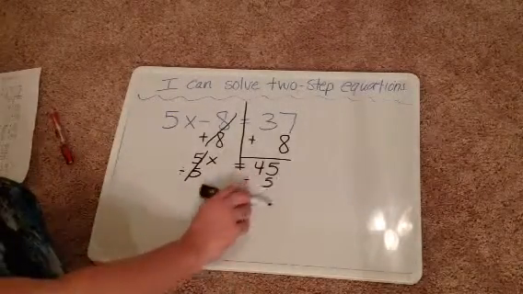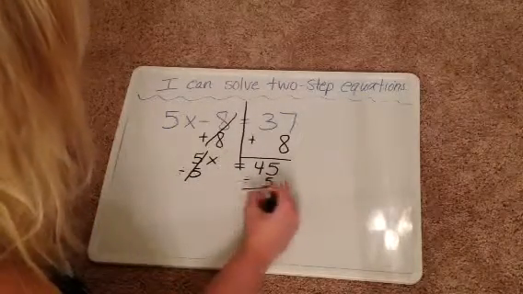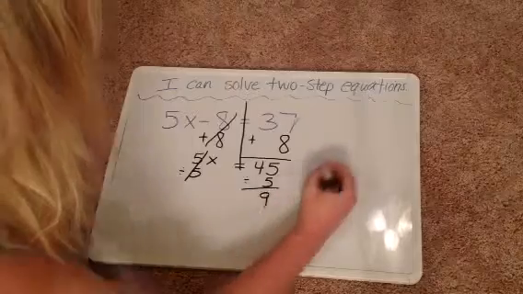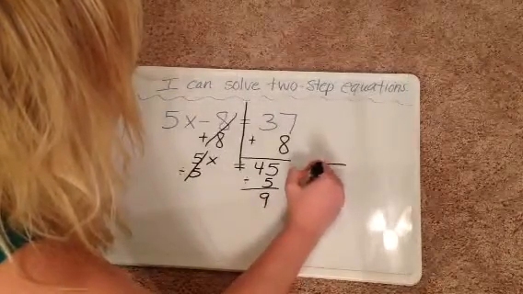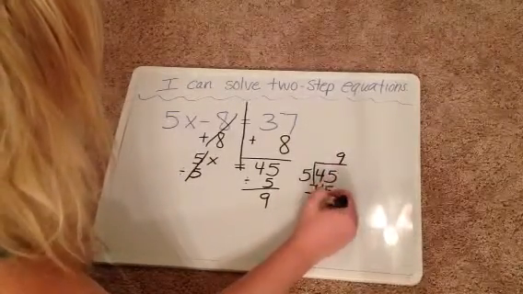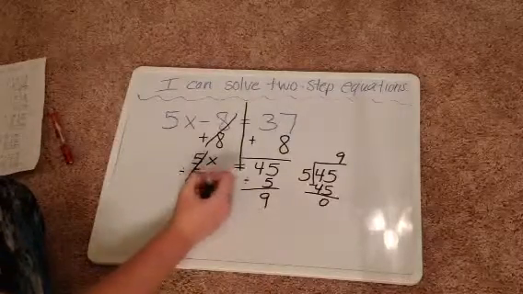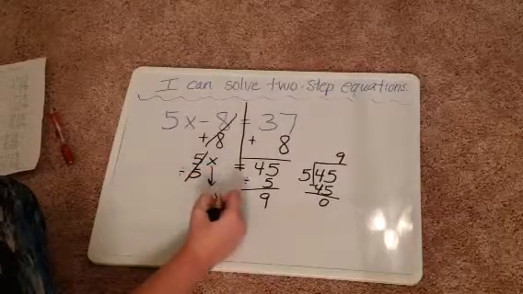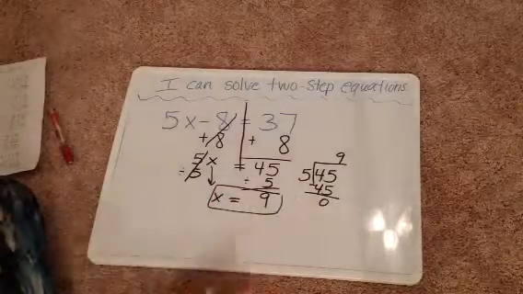So if I'm going to do 45 divided by 5, that's going to give me 9. So I can set it up like this too if that helps. And that's going to be 9. So then I have x by itself, so I'm able to bring that down. So I have x equals 9.